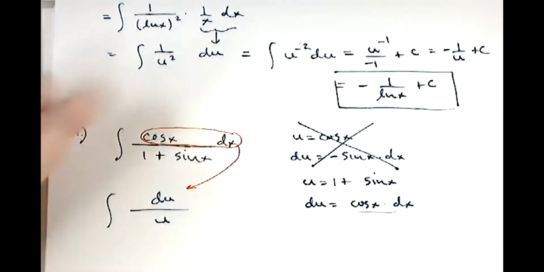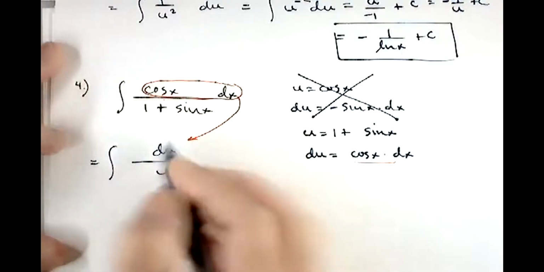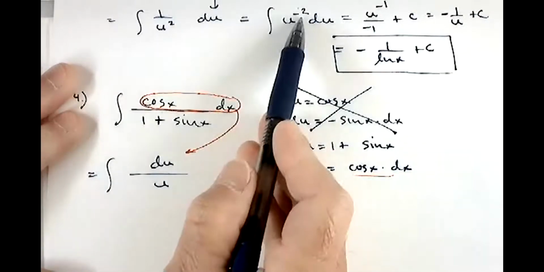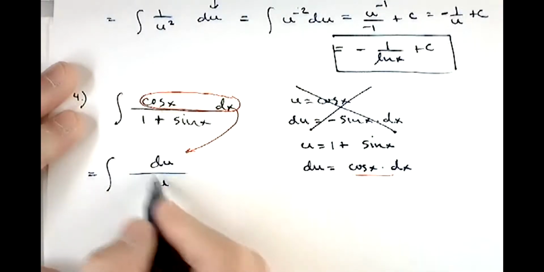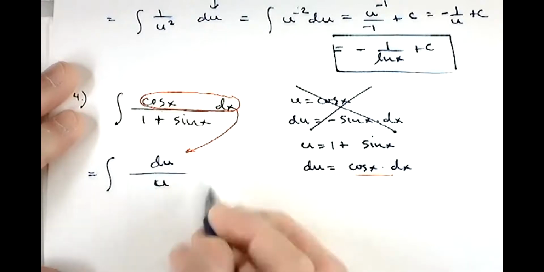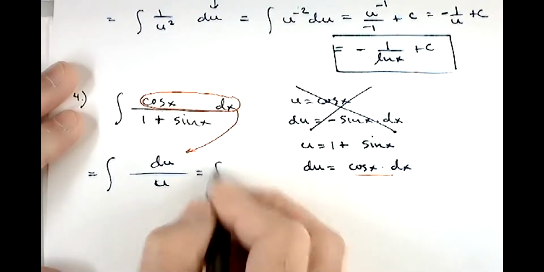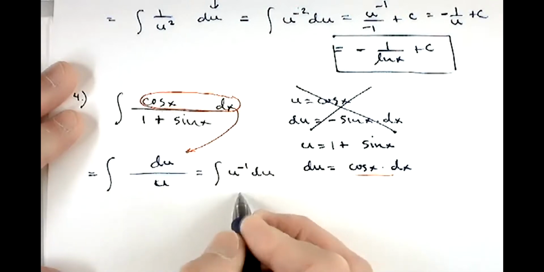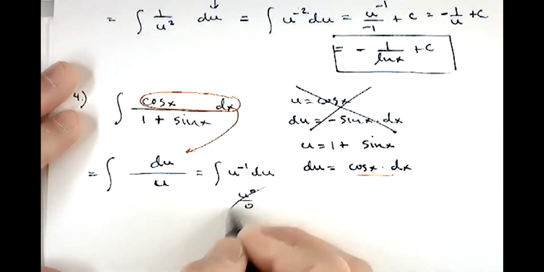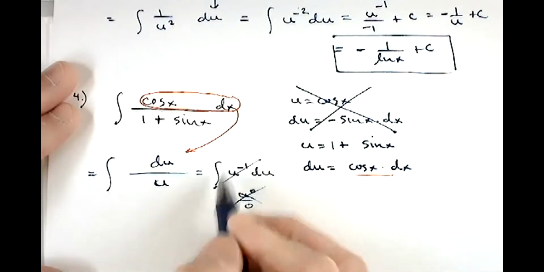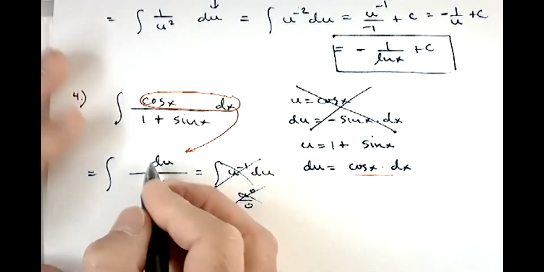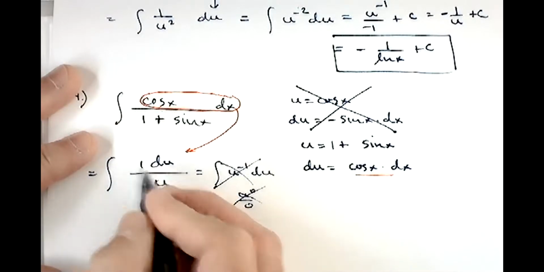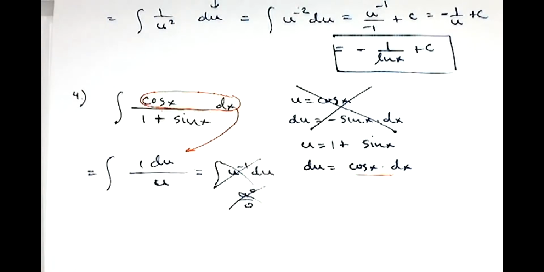Okay, there's another question. On the previous one, I had 1 over u squared, and you saw me bring that up as u to the negative 2. But remember, this is your one exception. If you brought this up as u to the negative 1 du and tried to do your power rule, you'd end up with u to the 0 over 0, which is no good. So this is your one exception. What's your antiderivative of du over u? Also known as, if it helps, just put a little 1 there. 1 over u du is whose derivative?